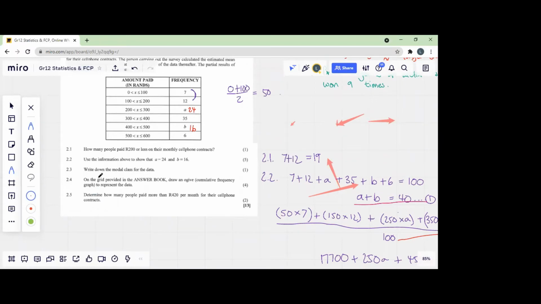The modal class is the one with the highest frequency. That's it. Well done. Okay, so it's the one with the highest frequency. Good job. So that's going to be the class that's between 300 and 400. Okay, so where x is greater than 300, but smaller than or equal to 400. Okay, good job.